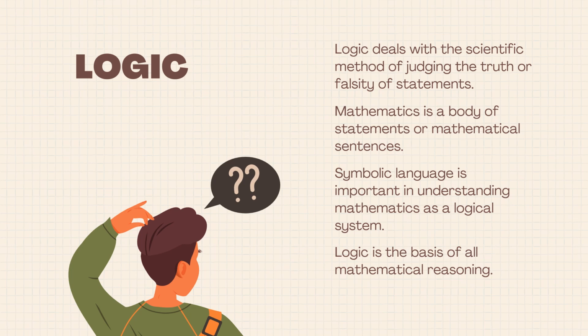So, like yung mga topic natin last, yung Module 1, Part 1, we are talking about mathematical sentences and how do we write them in symbolic form. So, that's why here in logic, since it's the basis of all mathematical reasoning, we need to learn about symbolic languages involving logic.